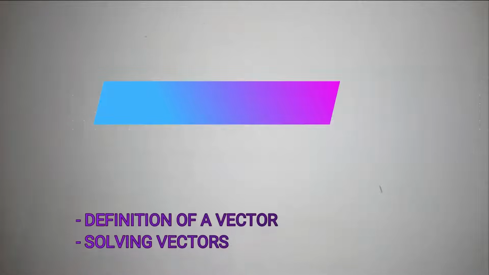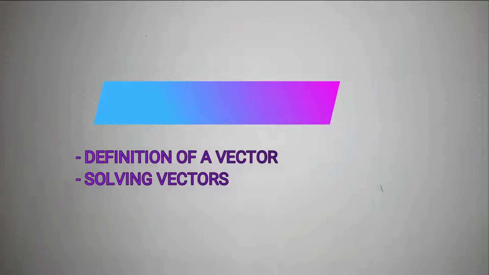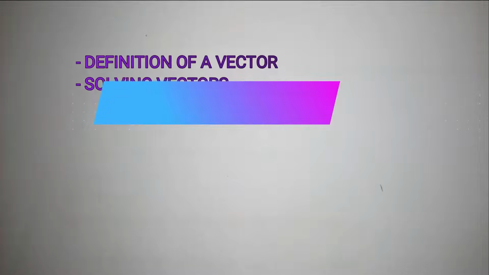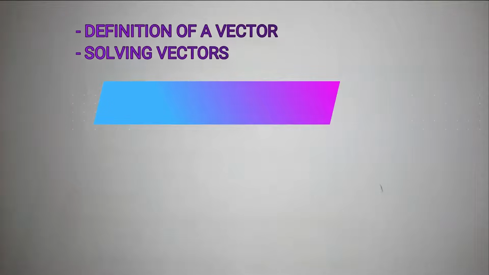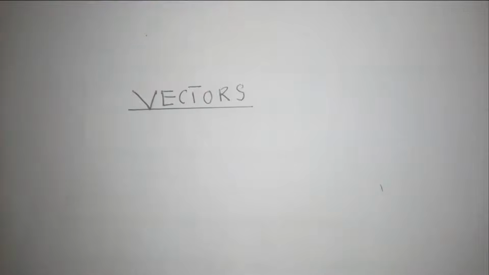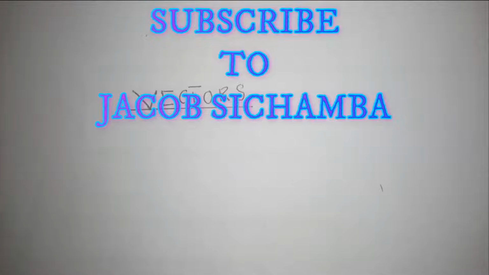We'll define what a vector is, and we'll talk about all the things that are involved in 2-dimension vectors, and after each explanation I'll be giving an example, and an example will be coming from exam questions, the way ECZ exam questions are set: paper 1 exam questions and paper 2.